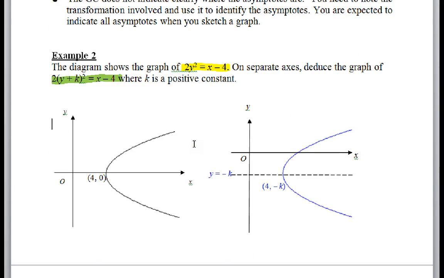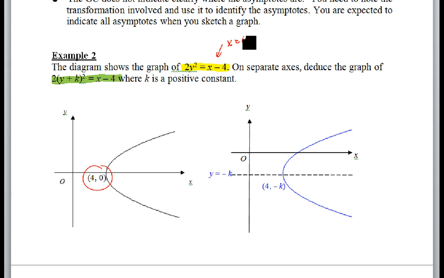Here, you ask yourself, this is surely a point, because I substitute x equals 4 and I will get y equals 0. Nobody will dispute.